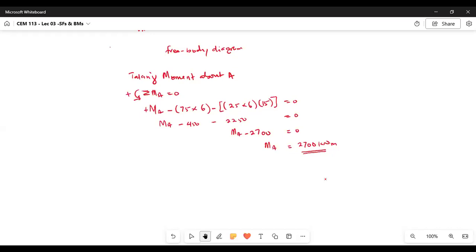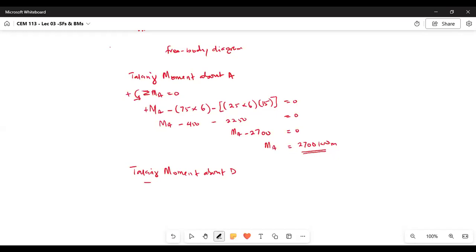So now, the other part is taking moment about the free end, this time is D, right?